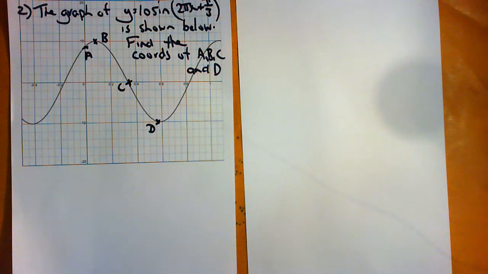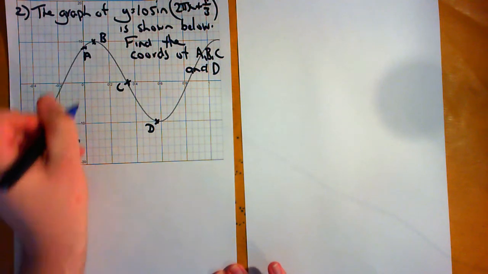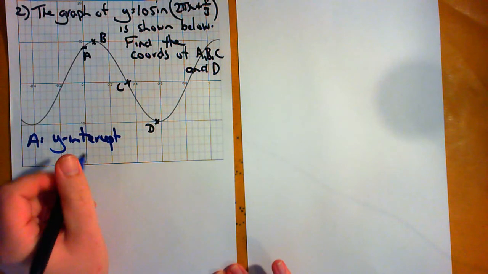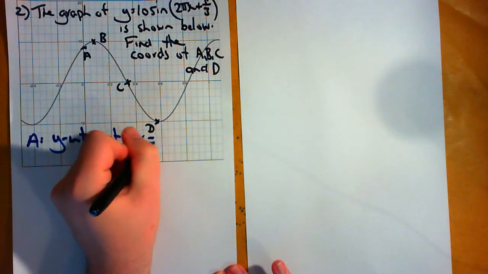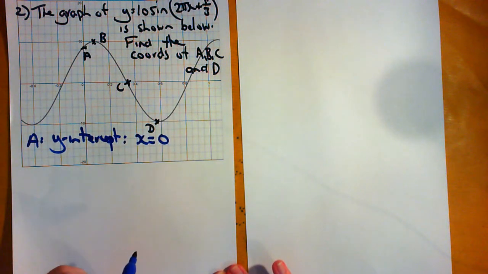So for point A, what do we know about point A? Point A is the y-intercept because it's where it crosses the vertical line. Since it's the y-intercept we know x equals 0, and we can substitute that into 10 sine of (2πx + π/3).